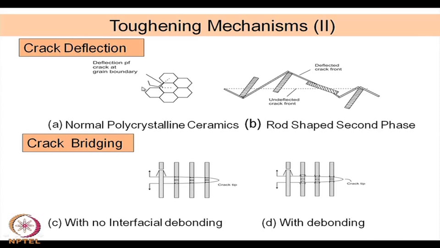So, the crack can grow along the grain boundaries, and because it cannot cross through the grain, it has to deflect. So, this is the deflection of the crack at the grain boundaries. This is one way of strengthening ceramics. That is what has been explained, that a single crystal material will have a lower strength than a polycrystalline material because of this crack deflection, which restricts the movement of the crack.